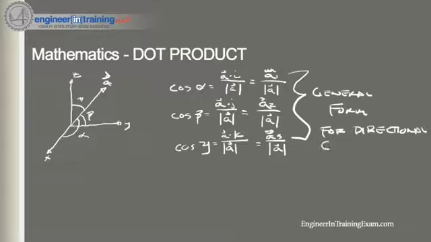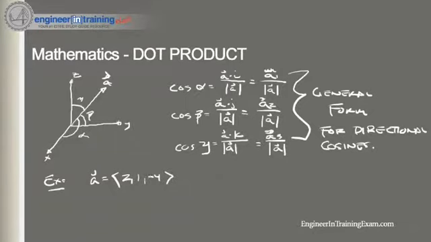All right, so let's look at an example and find one of the directional cosines. Let's say we're given a vector A that originates at the origin, and it's defined as 2, 1, negative 4. And we want to determine the directional angles and the directional cosines.